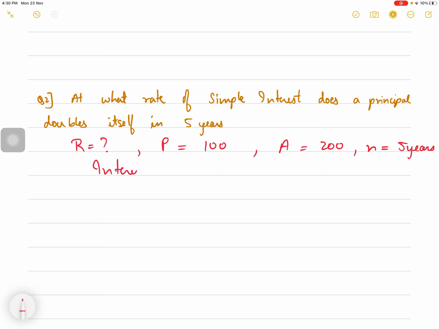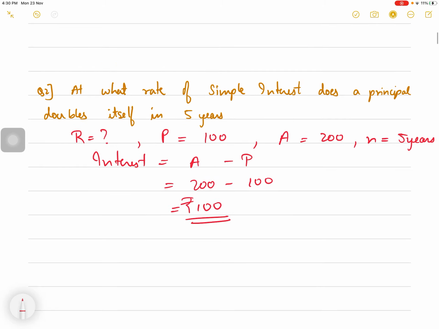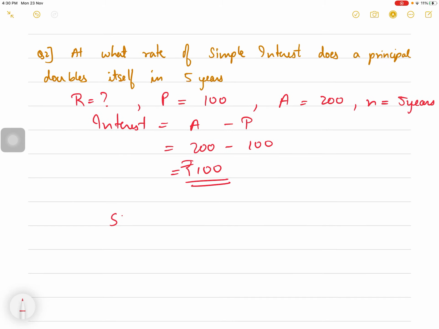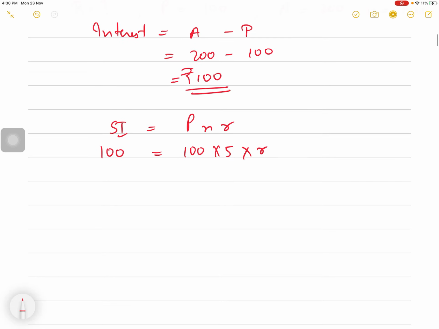Interest is equal to amount minus principal, which is 200 minus 100, which is 100. So simple interest is equal to P into n into r. Simple interest is 100, principal is 100, n is 5, and you don't know r.